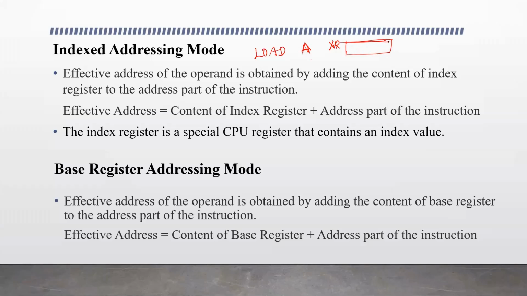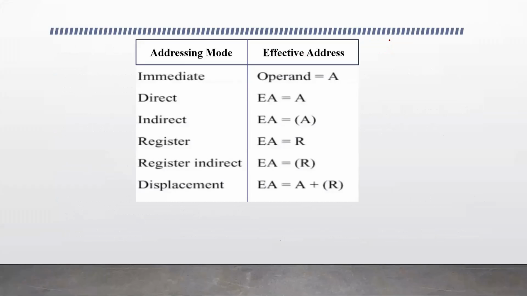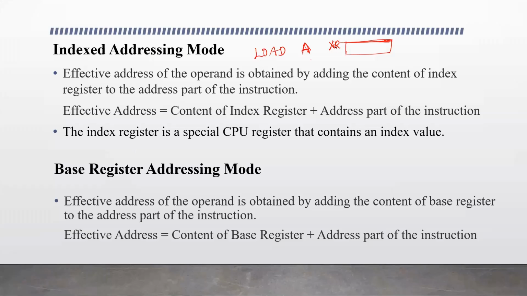We use the index register when an array of data is indexed, so the index register will hold the index. This type of indexing is used when we have an array of data.